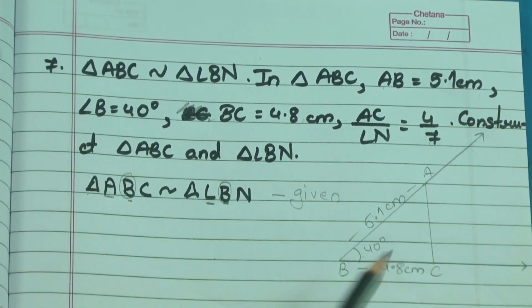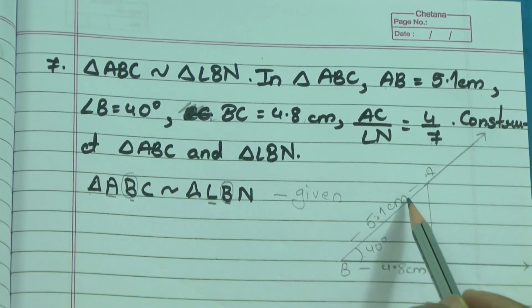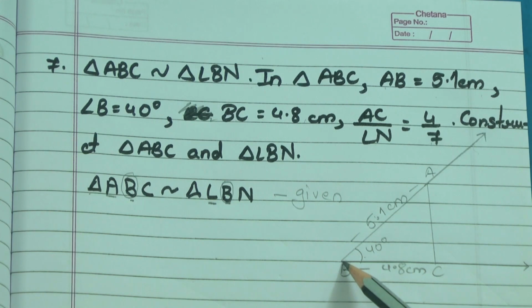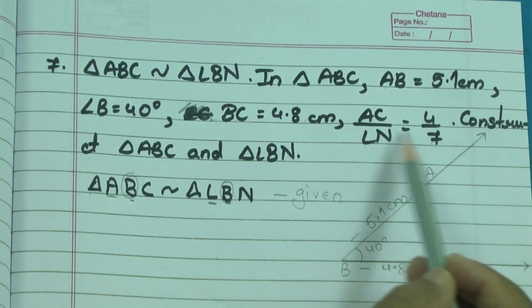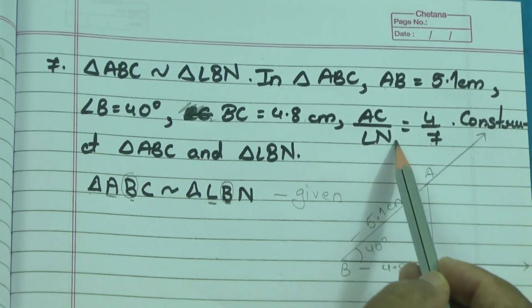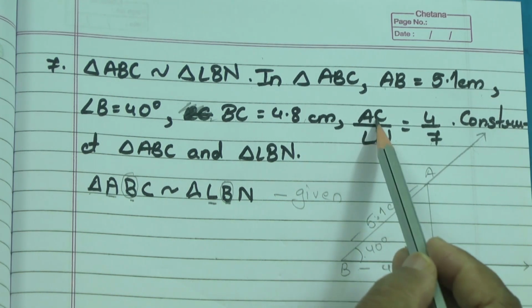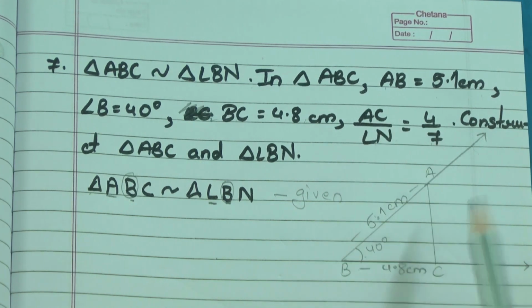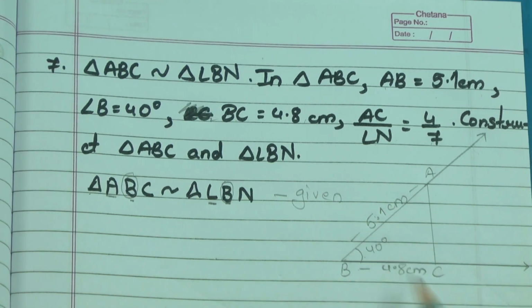Now they share the vertex B. So AC to LN ratio is 4 to 7. That means LBN is a large triangle and ABC is a smaller triangle. So triangle ABC is already drawn here, and we need to draw LBN.